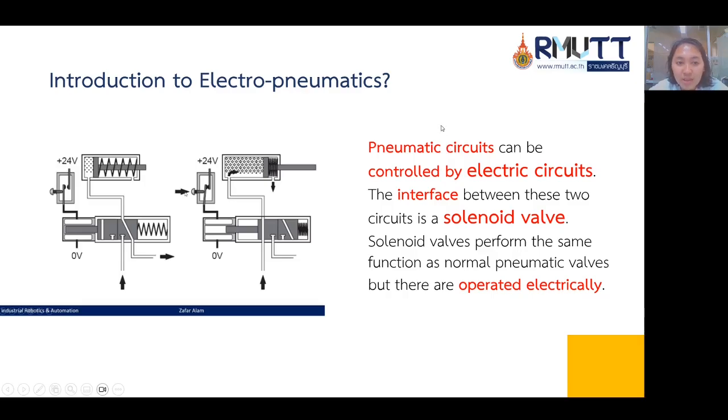This is the introduction to electropneumatics. What is electropneumatic? Pneumatic circuits can be controlled by electric circuits. The interface between these two circuits is a solenoid valve. Solenoid valves perform the same function as normal pneumatic valves, but they are operated electrically.